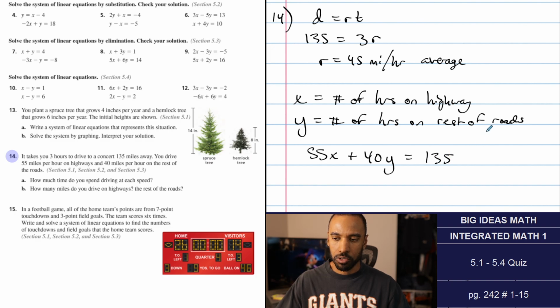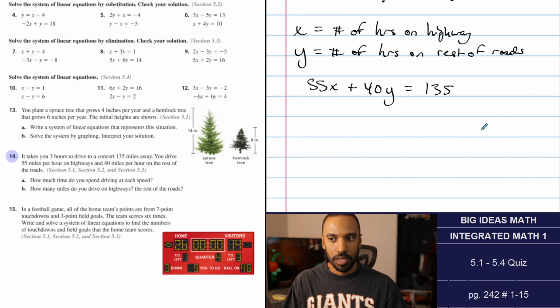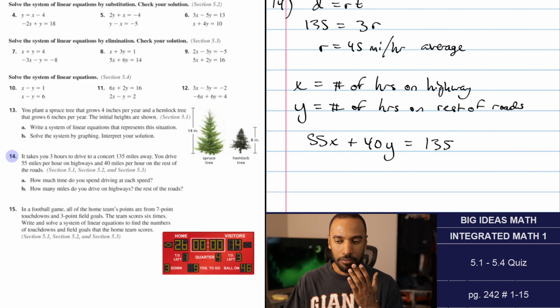I don't know what I was going to do with the 45 mile per hour average here now. Suddenly, I'm sitting here wondering what my system of equations is here. If I'm averaging 45 miles per hour, okay, clearly that's being used somewhere. I need to think about that.